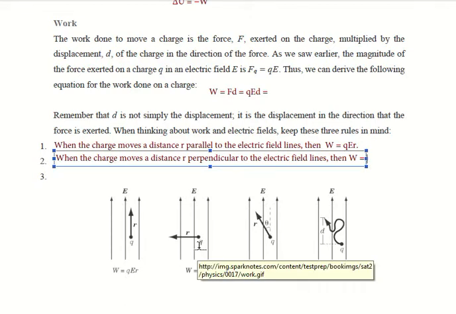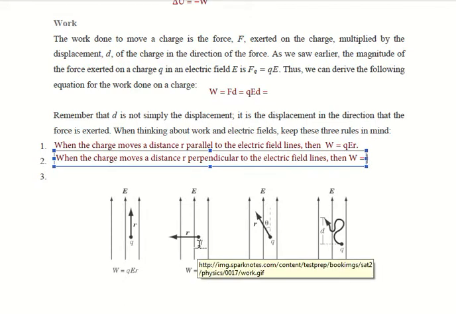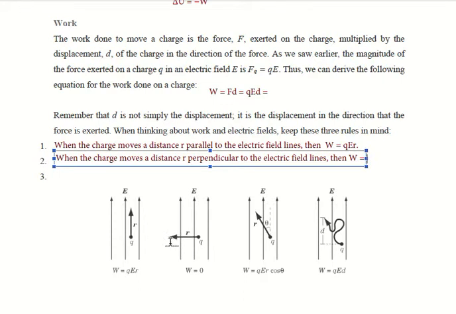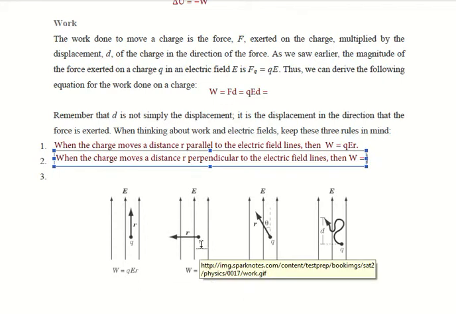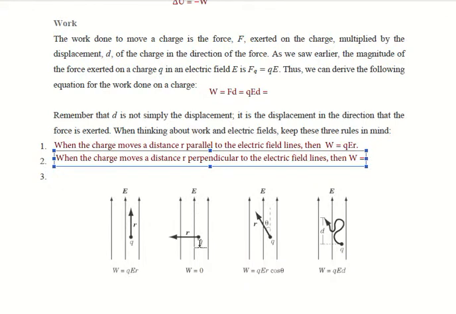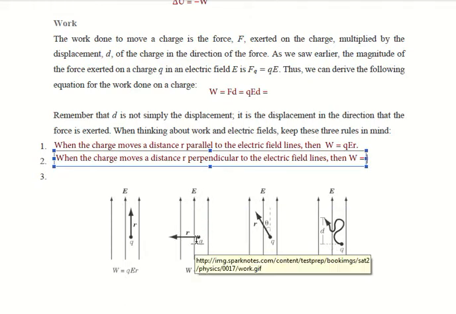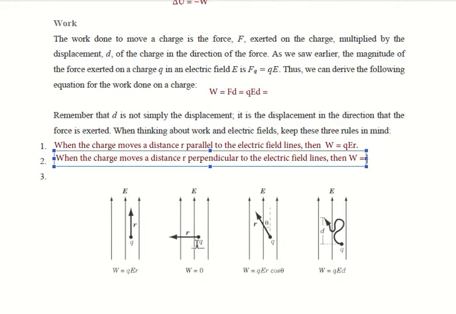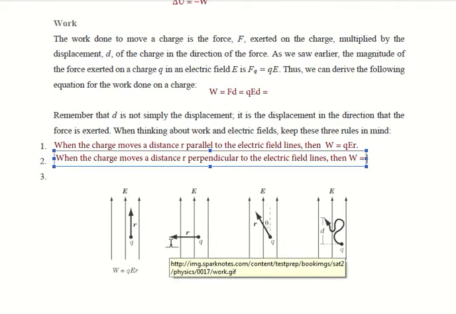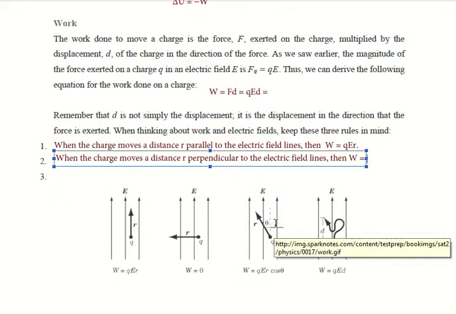So here's our positive charge Q. It's moved a distance r this way. But since our Q is positive, the field should want to push it this way. It should want to go with the field. But that's not what happened here. So in moving from its original position to r, the force had nothing to do with that. So that force did zero work.